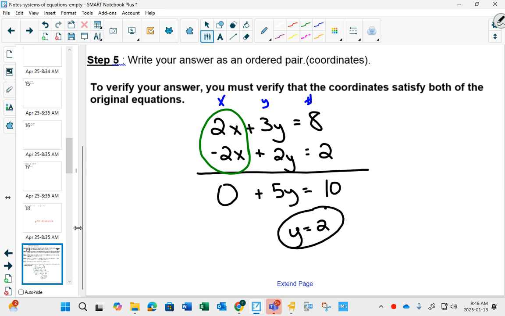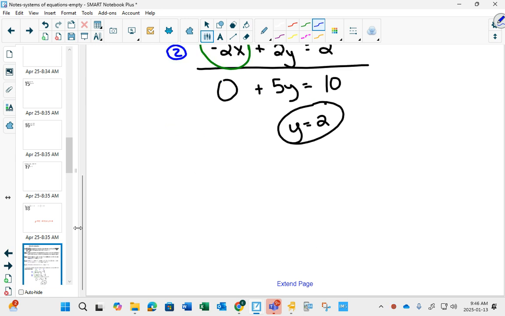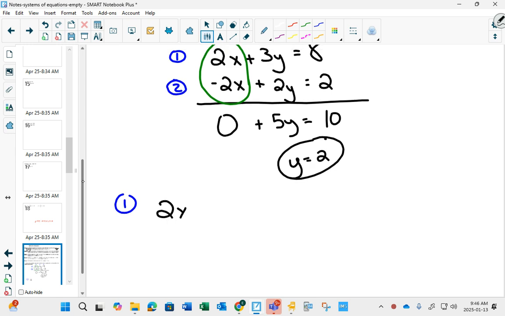Then just like substitution, once you've figured out one variable, we can solve the other variable. You can plug y equals 2 either into equation 1 or into equation 2. If I plug it into equation 1, I have 2x plus 3, and I already figured out y was equal to 2, is equal to 8.